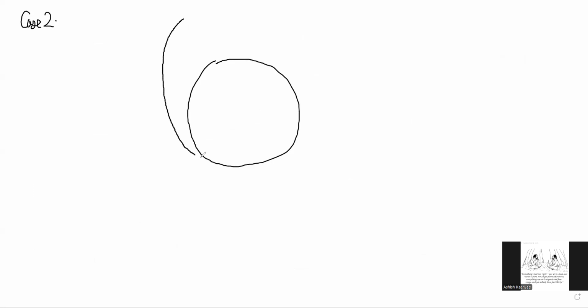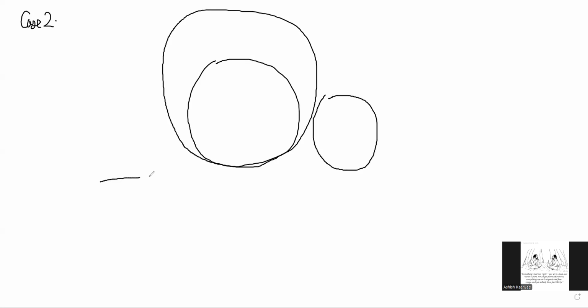Case 2. Case 2 could be where one of the circles is internally touching. So this circle C1 is internally touching, and this is my circle C2, and this is the line L1.